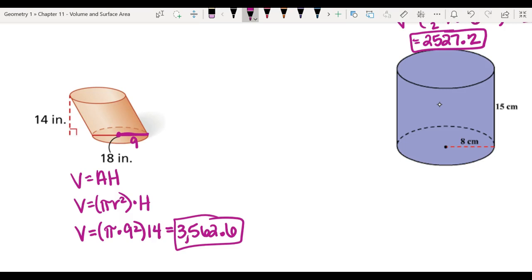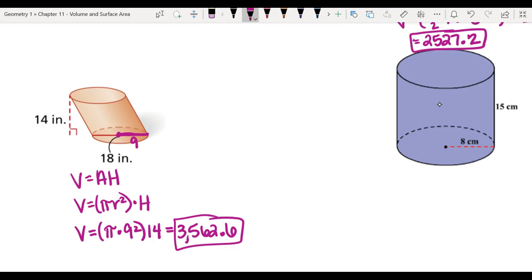Now, I use the pi button. You can use 3.14. If you do use 3.14, your numbers are probably going to be a little bit off. Does that make sense? Because pi and 3.14 aren't exactly the same. But that's okay. As long as you're close, and as long as you maybe showed your work, I'd count it as completely correct.